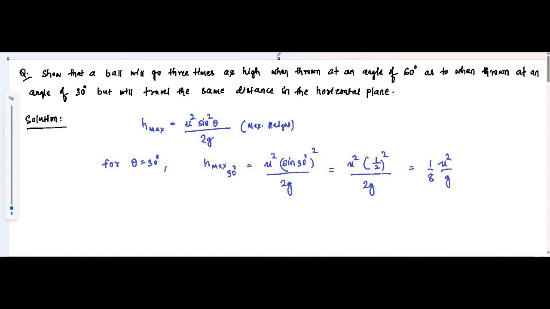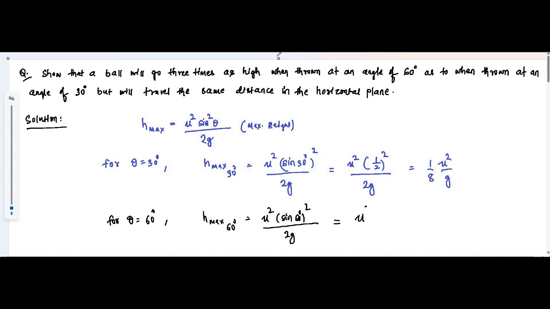Then for theta equal to 60 degree, maximum height for 60 degree, same thing, but we'll substitute 30 with 60: sine 60 degrees square by 2g.